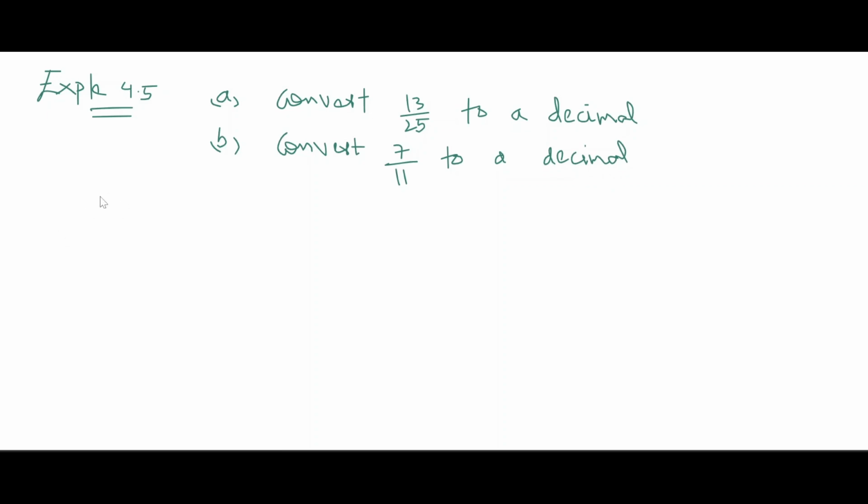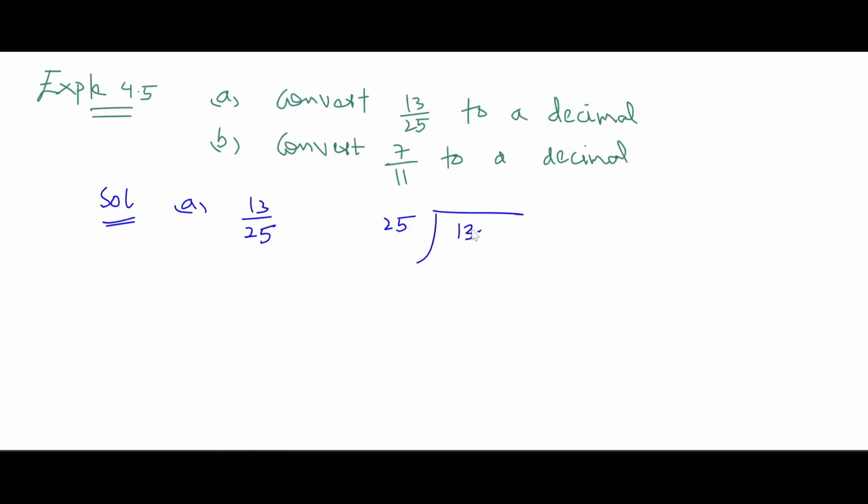Let's see the solution. First, we will do the part A solution: 13 divided by 25. Simply, do the division. 25 goes outside, and 13 inside.